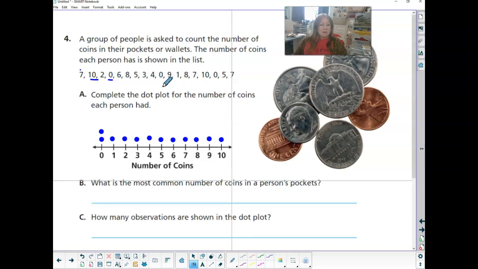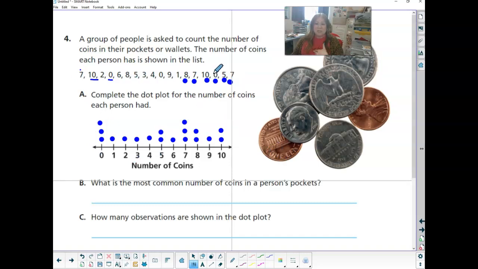So I just did 9, 1, 8. So if you need to, mark it off and say, yep, I did that one. There's my dot. Now I'm on 7. So my next one is 10. So we don't skip one or miss one or do one twice. And then 0 again. 5 and 7.